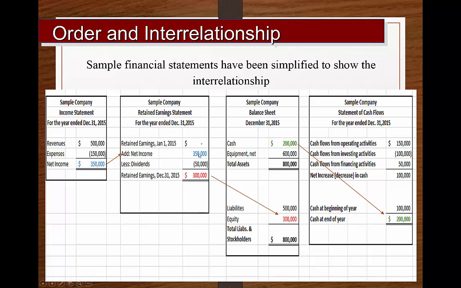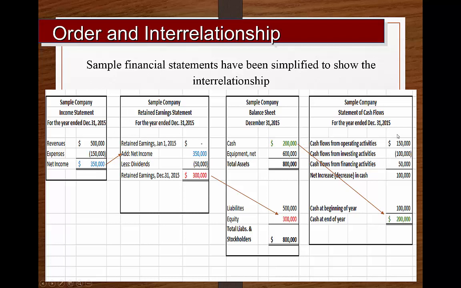That net income was then brought to the retained earnings statement, where we reconciled the changes in the equity balance during the period. We got to an ending retained earnings number, which we then needed in order to complete our balance sheet, which was solving for that one day only. What are the assets, liabilities, and equity that the company has?